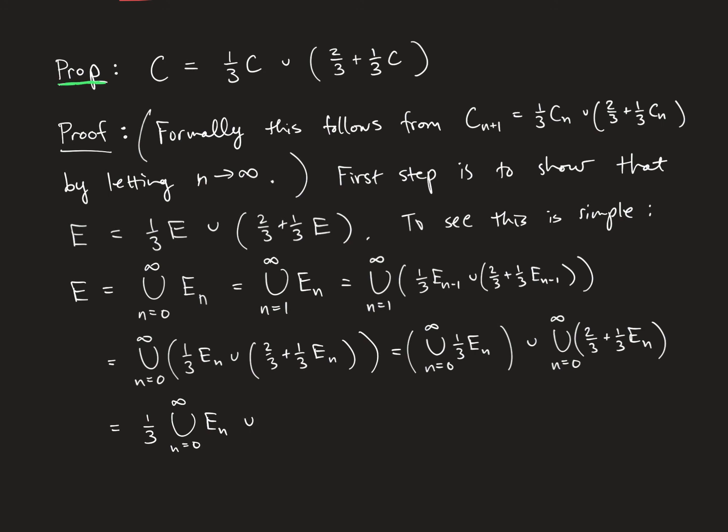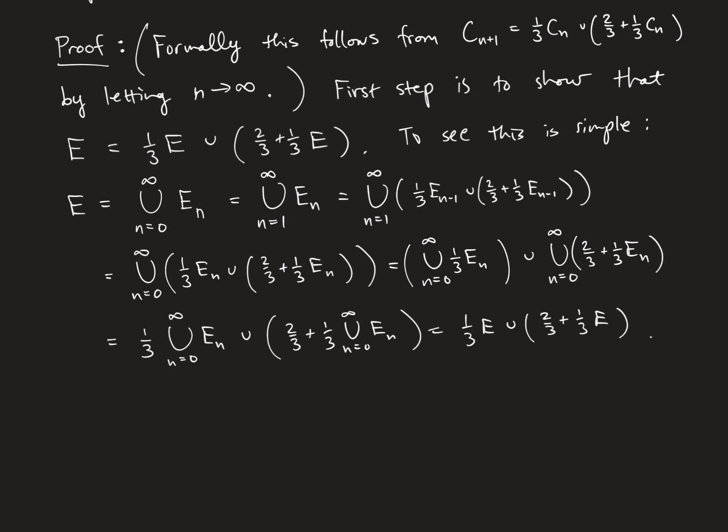So union, 2/3 plus 1/3 the union E_n, and that's just 1/3 E union 2/3 plus 1/3 E. Okay, so basically, yeah, this one's relatively straightforward.